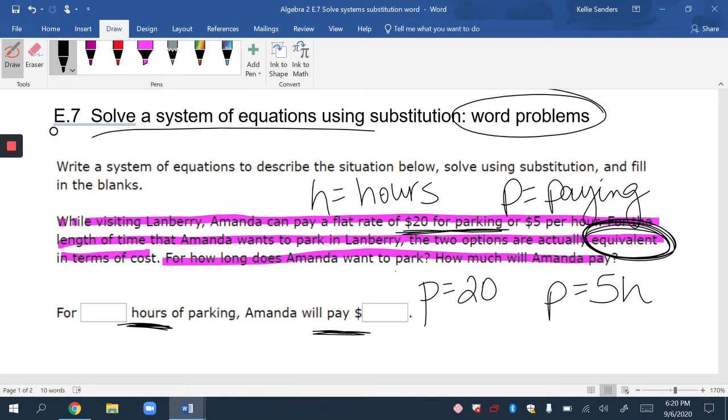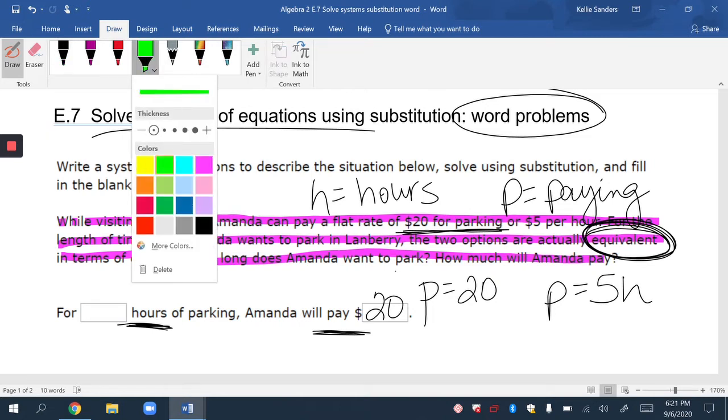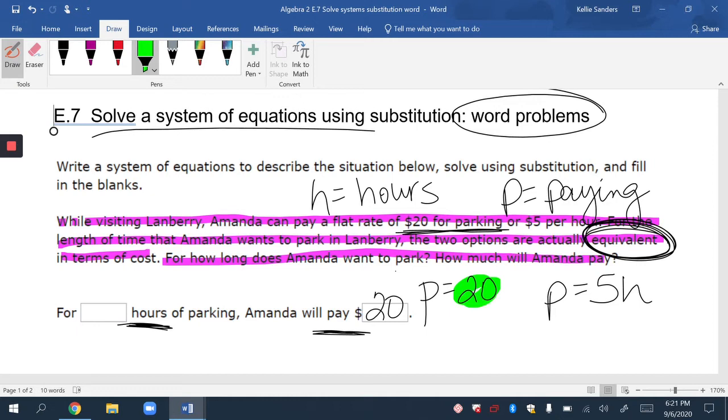Some of you have already figured out that if they're equivalent, then you're going to pay $20, because P is already solved for itself. P is 20. So to use substitution, we're going to put this 20 in for this P. That's what substitution means.